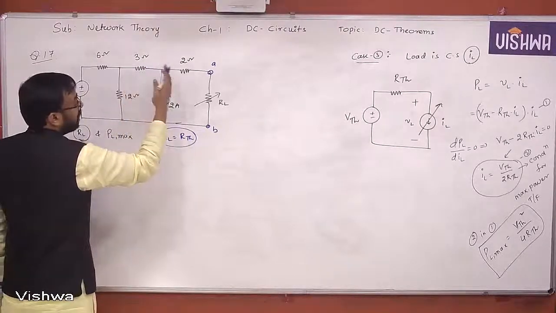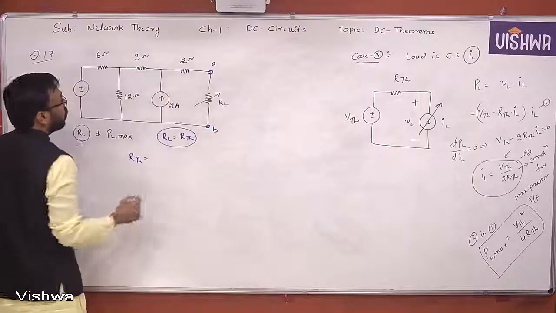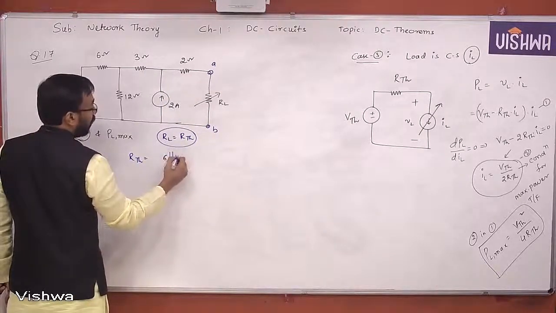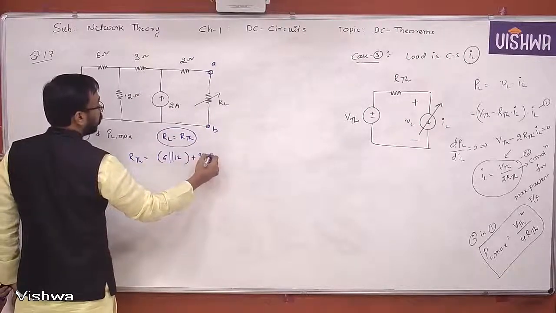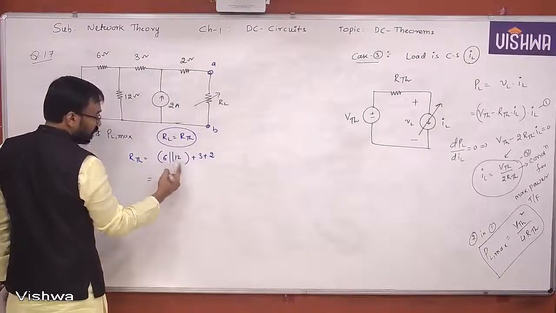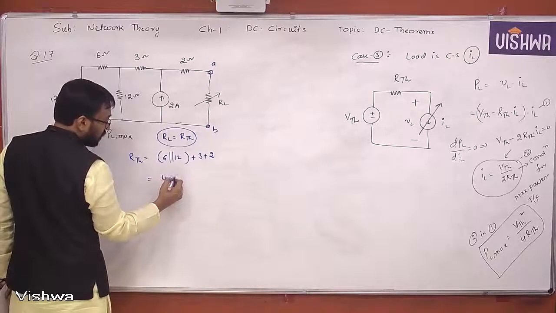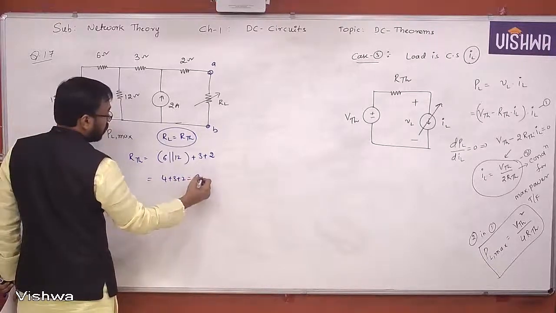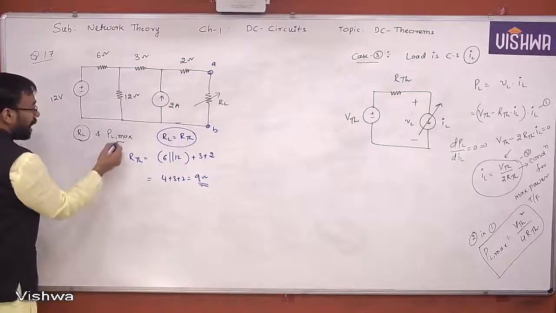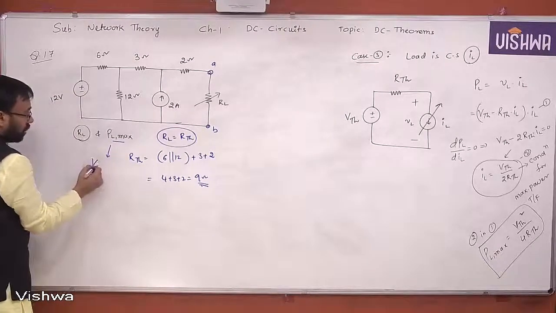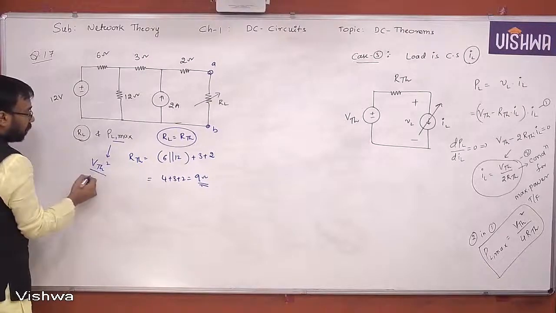Then the result is also in series with 2 ohm. So 6 parallel 12 plus 3 plus 2. 6 parallel 12 is nothing but 4, plus 3 plus 2, 9 ohm. That's it. But to find PL max, you have a formula VTH square by 4 times RTH.